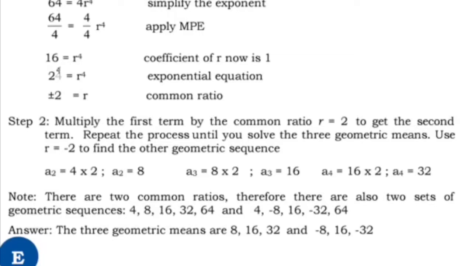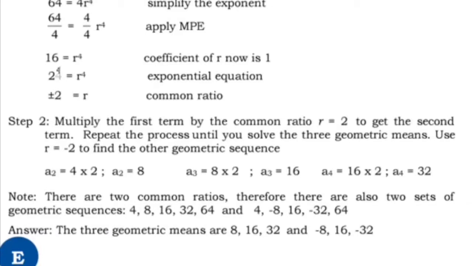Now since dalawa ang value ng r, so we can have another set of sequence. So, we're going to use negative 2. So, multiply nyo lang yung first term, 4 times negative 2. So, second term is negative 8. Then, times negative 2. Negative 8 times negative 2, 16.